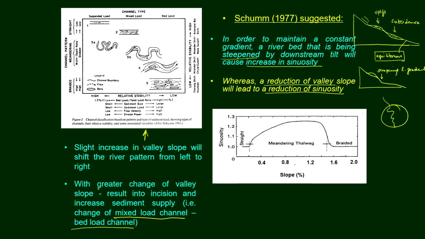This again is what we have already discussed, that if you move from this portion to this side, actually what we are seeing is related with the pattern of channel from straight to braided, and that will be due to greater change in valley slope. So, the sediment supply will also increase, going from suspended load to bed load.